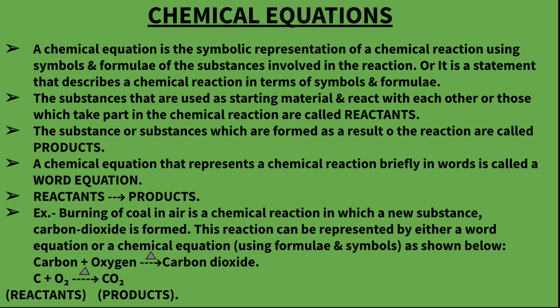For example, the burning of coal in air is a chemical reaction in which a new substance, carbon dioxide, is formed. This reaction can be represented by either a word equation or a chemical equation using formulas and symbols. Carbon plus oxygen, which requires heat to combine, produces carbon dioxide.